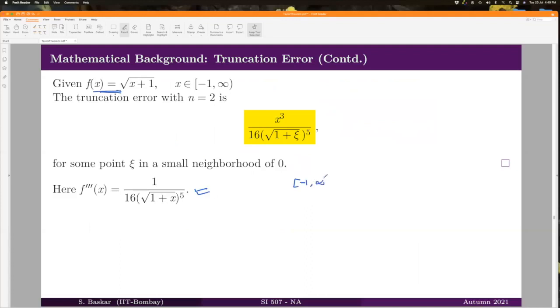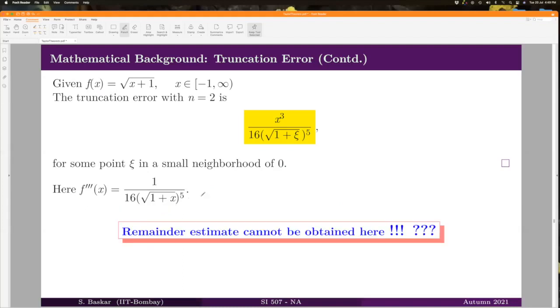In particular we are working in this interval, therefore we may go very close to minus 1. Therefore there is a danger that this function is not bounded in the interval in which we are interested in.